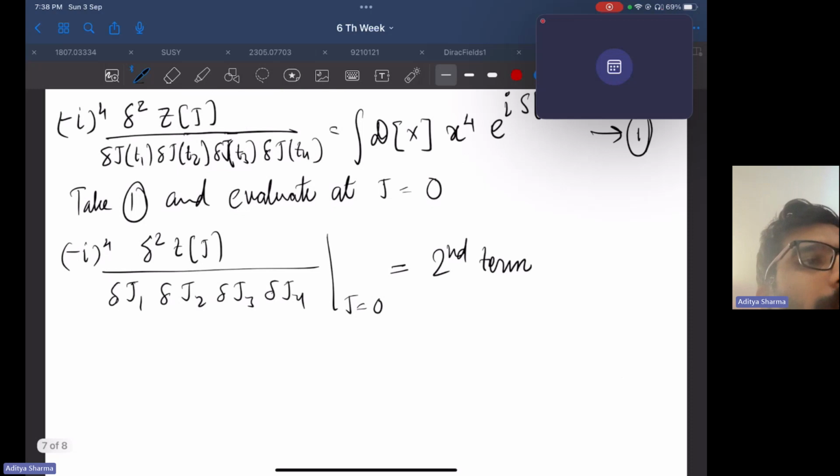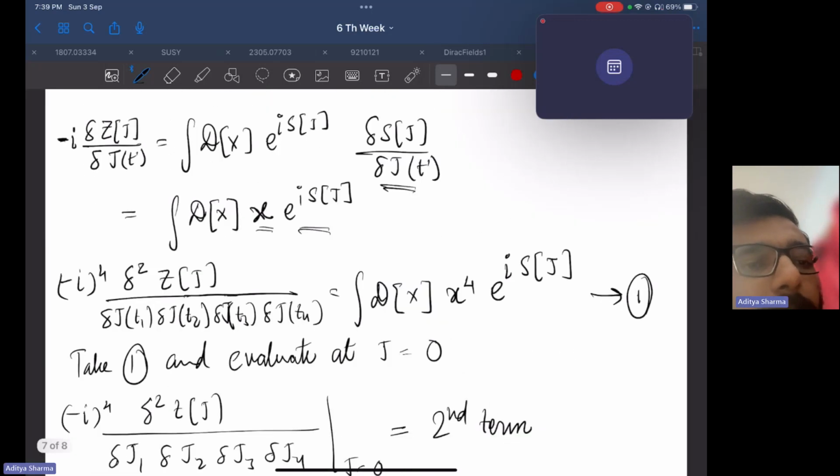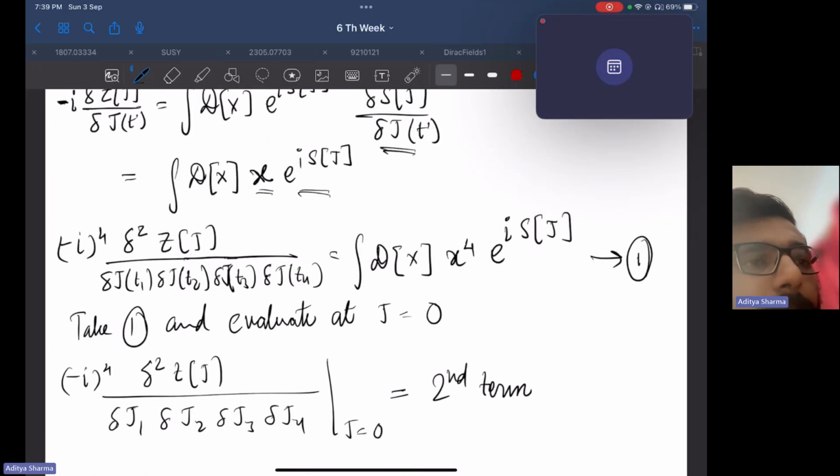Similarly, some other derivatives will give me the third term and so on. So the third term will have something like x to the power 4 or x to the power 8, something like that. So that will be given by the third.